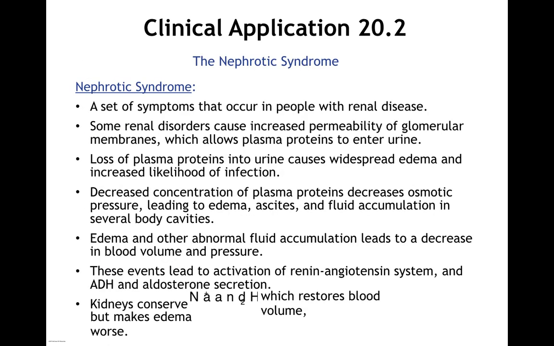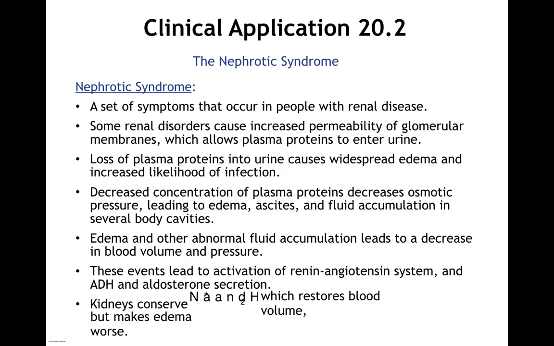So nephrotic syndrome is a set of symptoms that tend to occur in people with renal disease. Some renal disorders cause an increased permeability of glomerular membranes, which allows plasma proteins to enter the urine. The loss of those proteins in the urine causes widespread edema and an increased likelihood of infection.